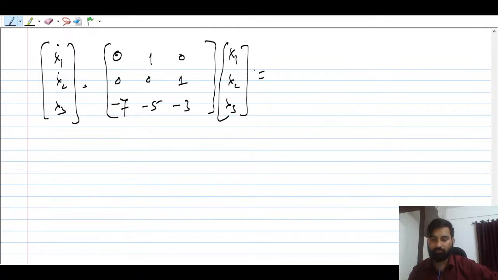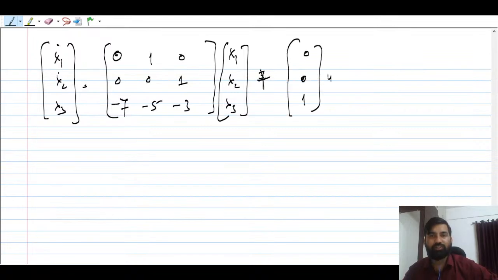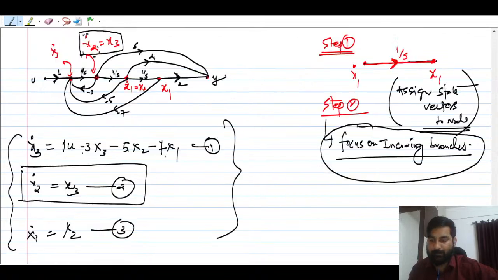Now your B matrix is going to be what? 0 0 1. You can check because this U is present only in case of x3, not in other cases. So 0 0 1, and your Y is going to be what? You see Y, this Y. So you can write all incoming branches are coming, right?